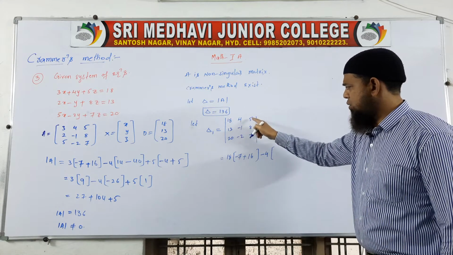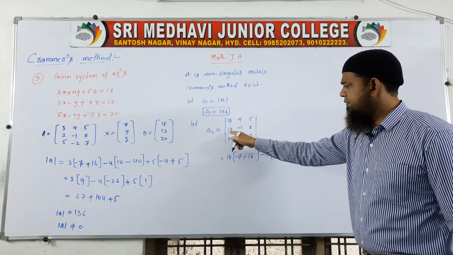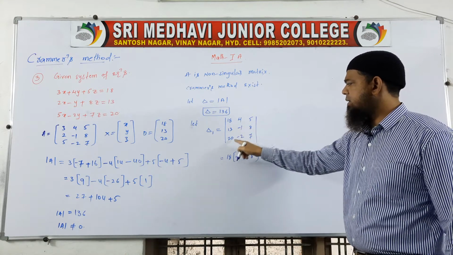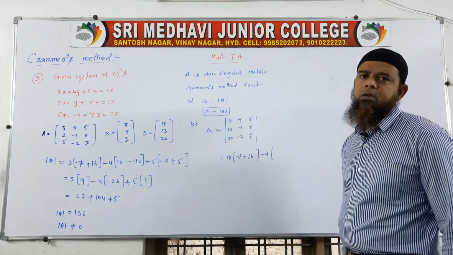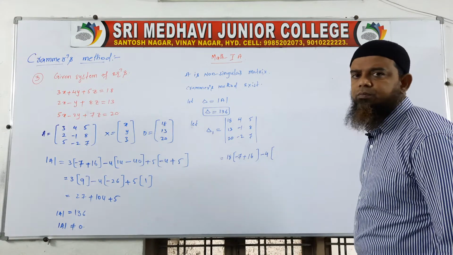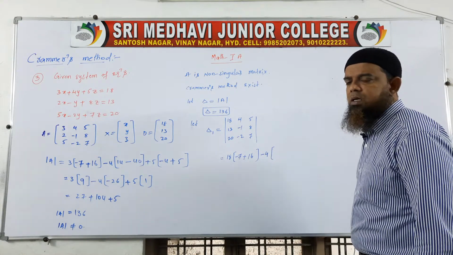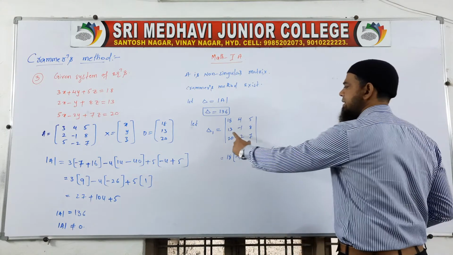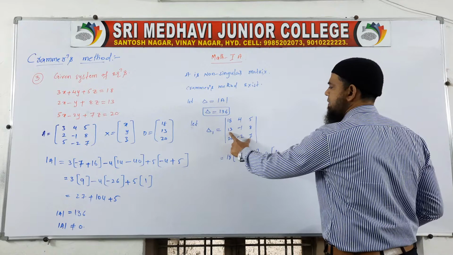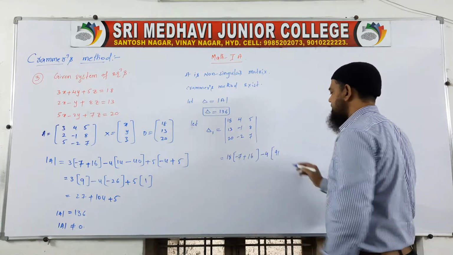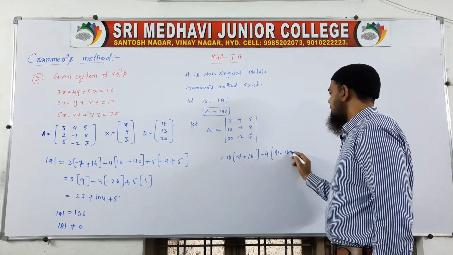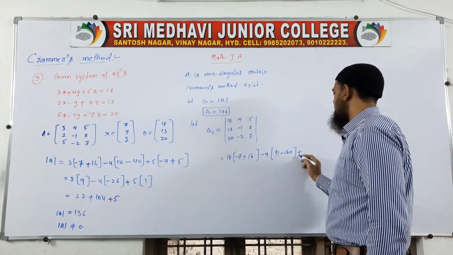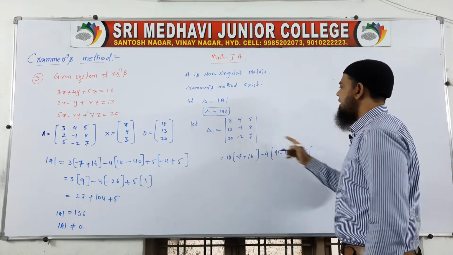Now eliminate the row and eliminate the column, you will get 4 numbers, 13, 8, 20, 7. 13 sevens are how much? 91. 13 sevens are 91 minus 28s are 160 plus 5 into last number is plus 5.